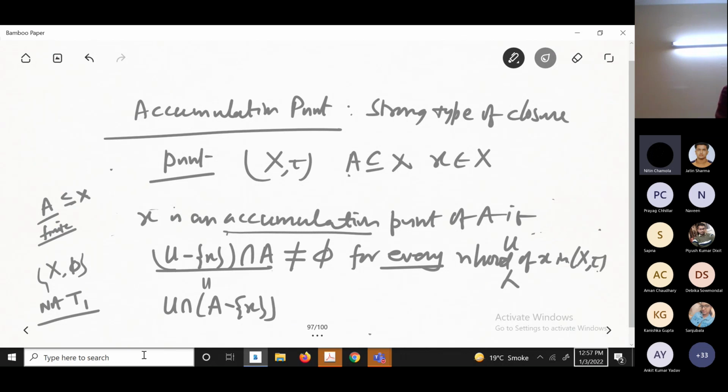Because it's not T1, then what will be the A prime? You can think of that. So this is your homework.